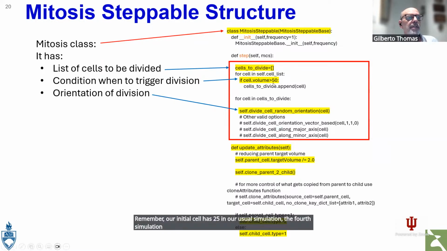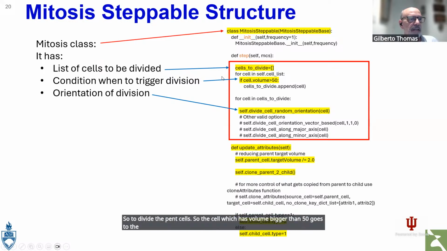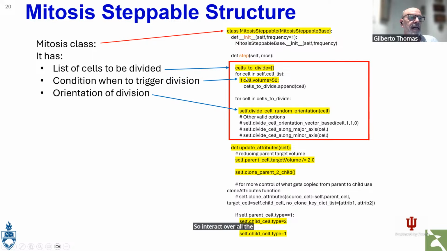So if the cell volume is bigger than 50, I put these particular cells in the list to divide: cells to divide append cell. So the cell which has volume bigger than 50 goes to the list. So we iterate over all the cells, and after that, I look at the list: for cell in cells to divide. I mean, I'm looking inside this list here, okay? Because every cell which is here must be divided.